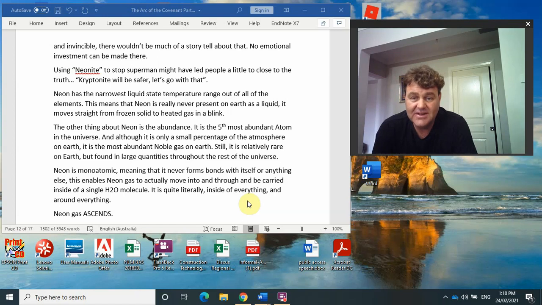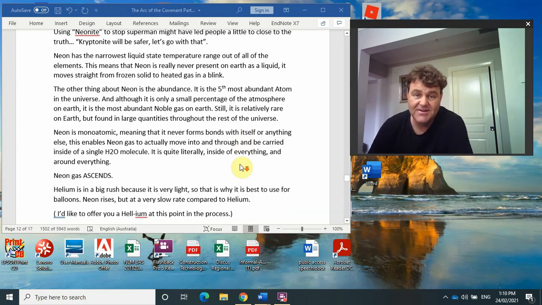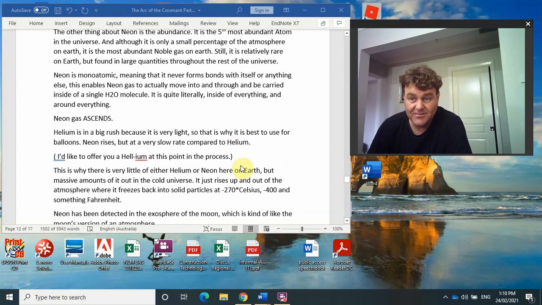But what it does as a gas is it ascends, it rises, as helium does. Helium does it in a very big rush because it's very lightweight, and that's why it's best to use for balloons. Neon rises, but at a very slow rate compared to helium.